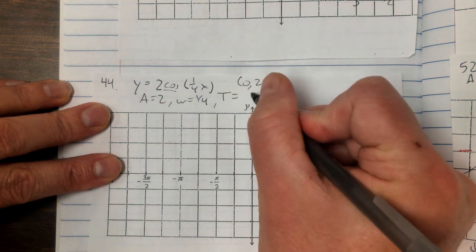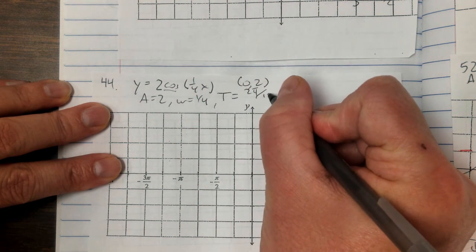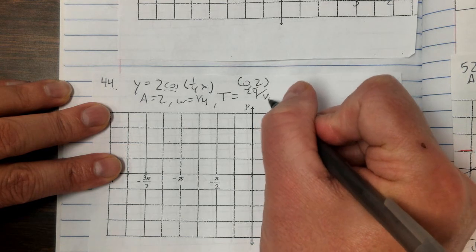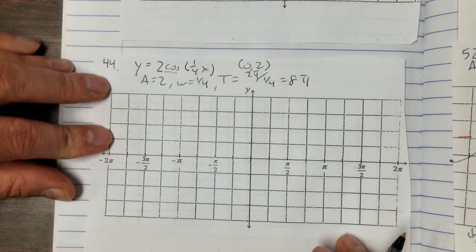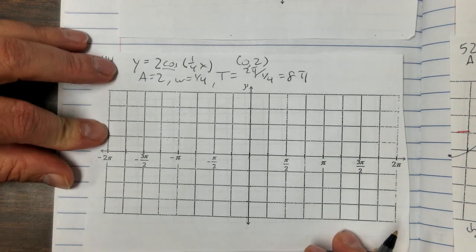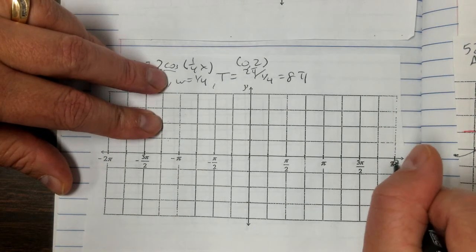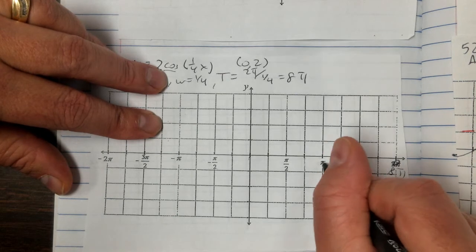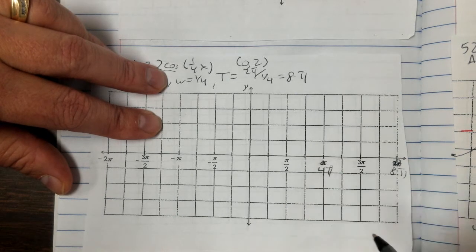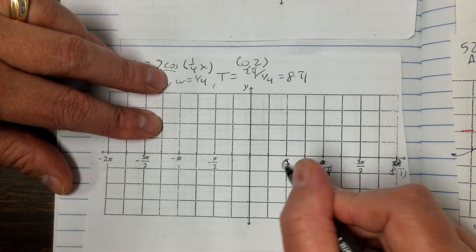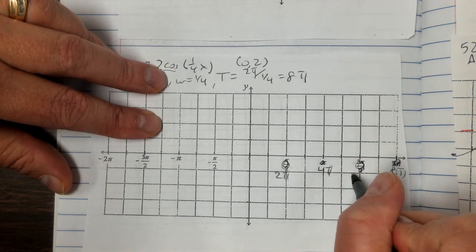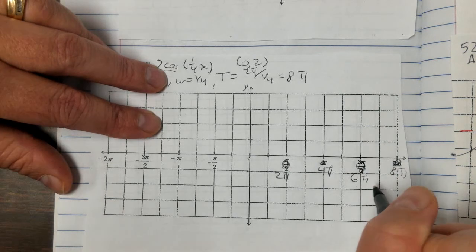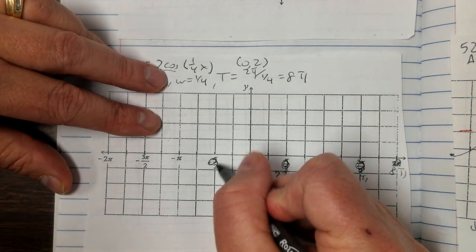We have to figure out our period. 2 pi divided by 1/4 would give you 8 pi. So what that means is we change this 2 pi to be 8 pi, and then split it in half, gives you 4 pi. Split this in half, gives you 2 pi. And then this 2, 4, 6, 8. Okay, so that's going to be the pattern.